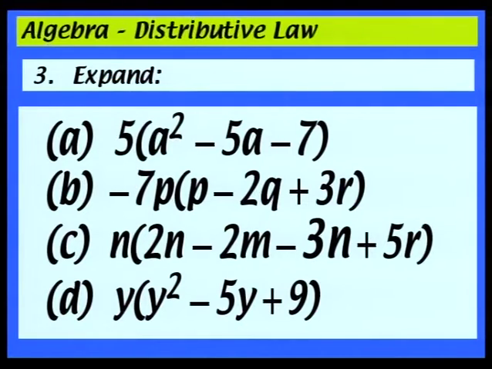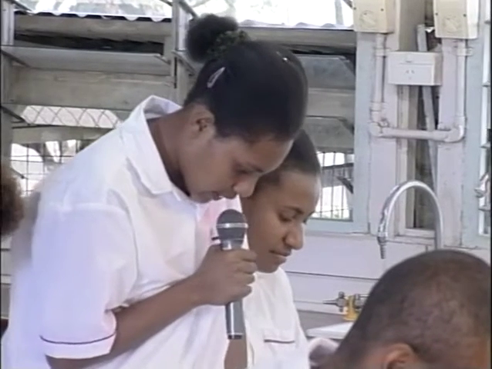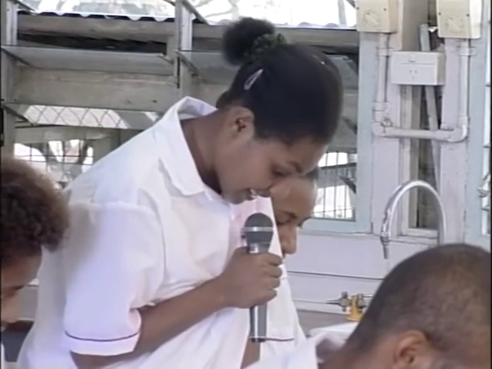Okay, letter D, then. 2n squared minus 2mn minus 3n squared. So it should be negative n squared minus 2mn plus 5nr. Okay. Letter D, then. y cubed minus 5y squared plus 9y.